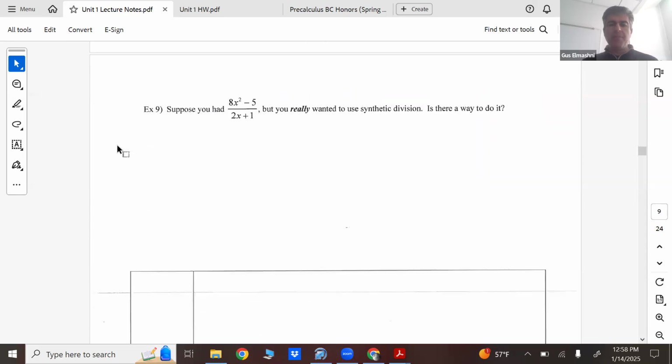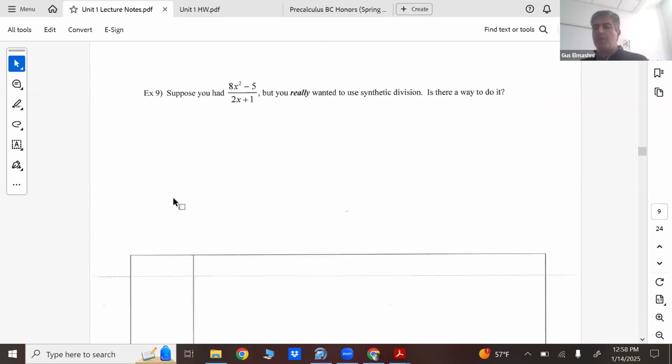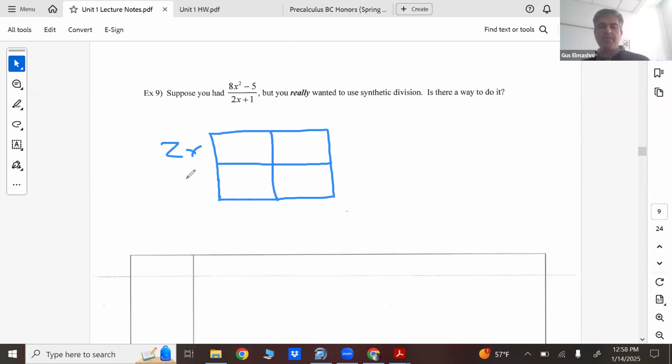Okay, example 9. Suppose you wanted to do that and you really want synthetic division. Is there a way to do it? You can using synthetic division, but I'll do this instead. Yep, let's use the box method. 2x and 1, 8x squared. Okay, what do you multiply 2x into 8x squared? 4x. Okay, do I see an x in this numerator?